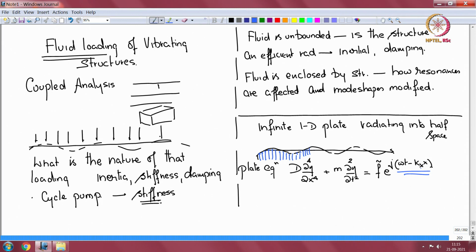So I am forcing a wave on the structure, and therefore the structure in the steady state will respond accordingly.